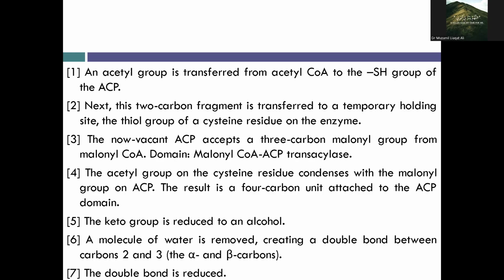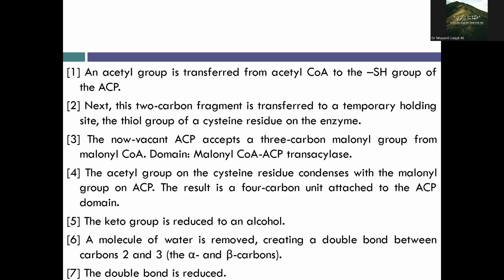Steps 1 to 3 are the loading steps. Step 4 is the condensation. The key carbon bond forming step, right? Catalyzed by ketoacyl synthase, and carbon dioxide from the malonyl is released. That carbon dioxide originally came from the carboxylation step, and its loss drives the reaction forward.